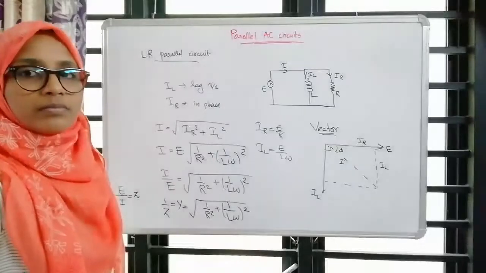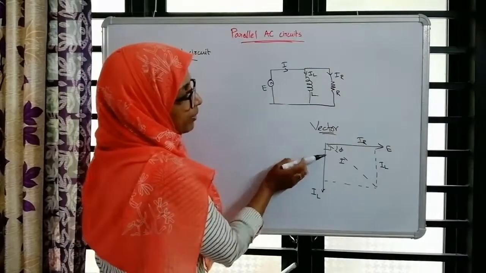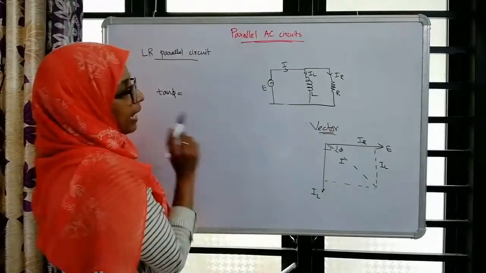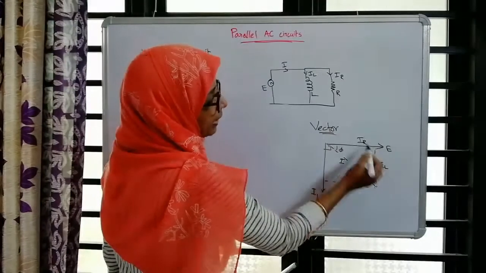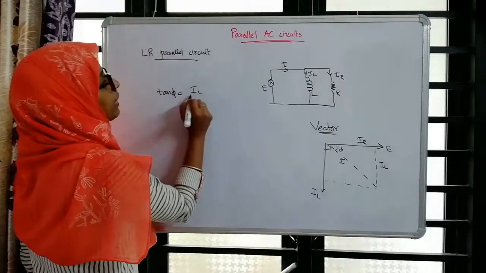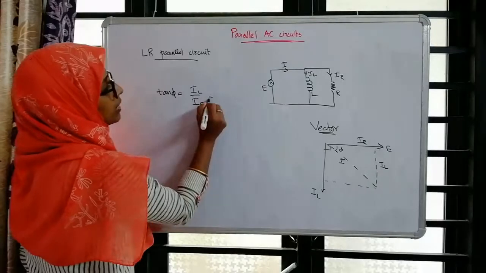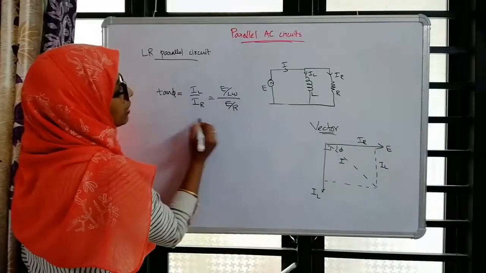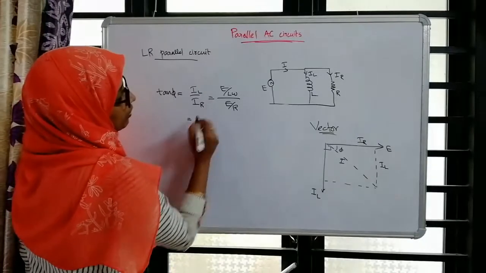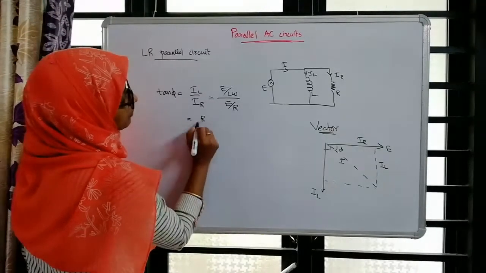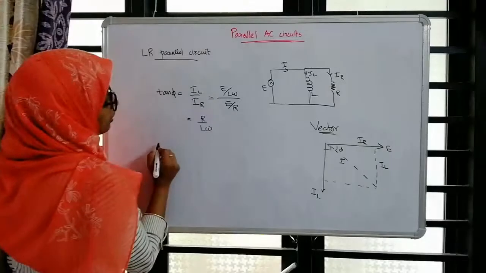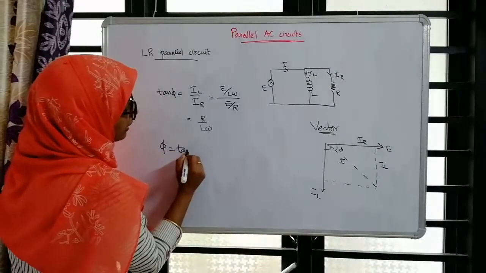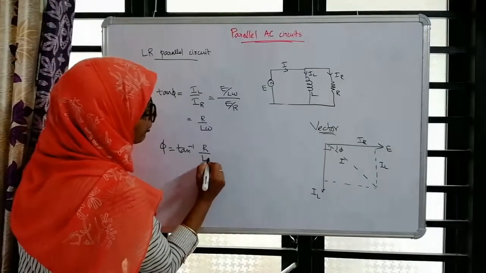Now we can represent simply from this vector diagram that tan phi is equal to IL by IR. That's equal to E by L omega divided by E by R, which is equal to R by L omega, where phi is equal to tan inverse R by L omega.